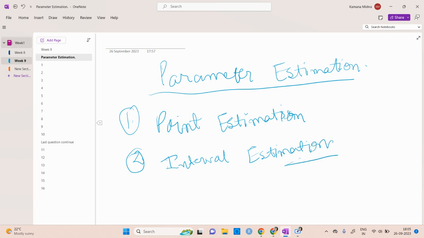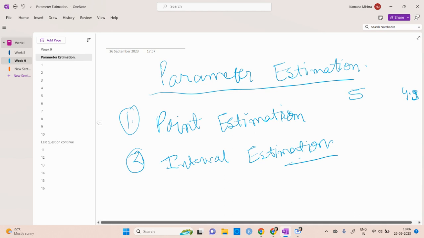As per the name, in point estimation we have one point. Let's say the mu value of our population is 5, and then we check it and find 4.9 for the sample.